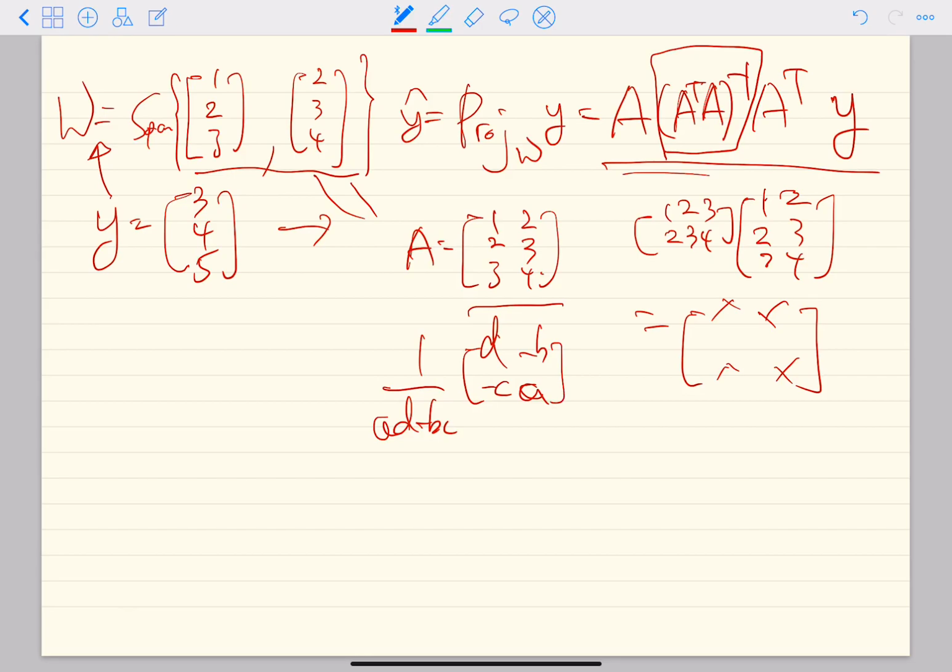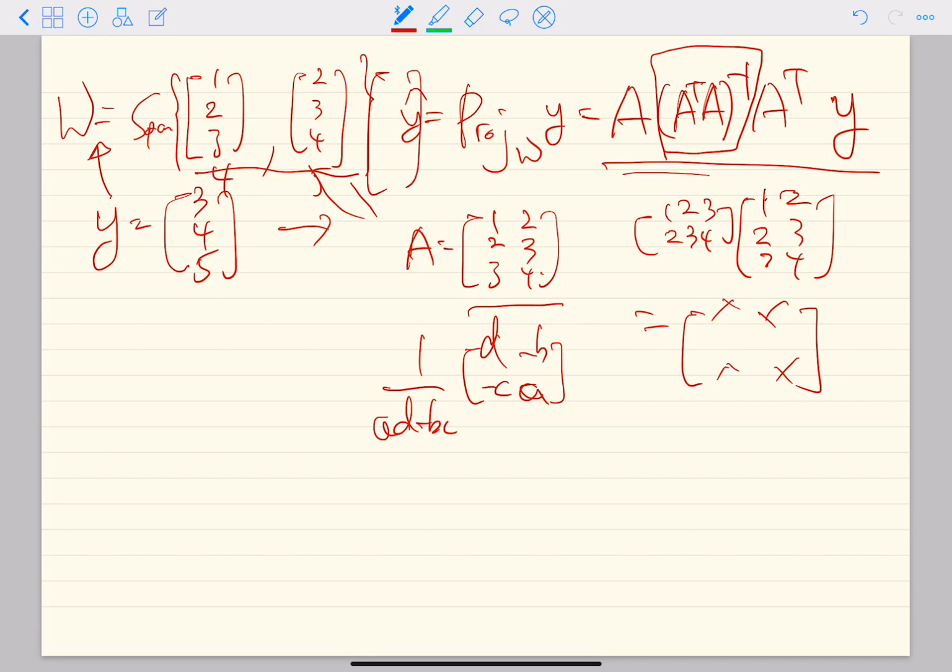But if it is a 3 by 3 or even larger matrix, then we have to perform Gaussian elimination to obtain the inverse matrix, right? So like 1, 2, 3, 2, 3, 4, and maybe 4, 5, and then we have another column vector.